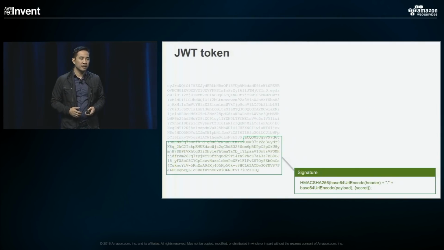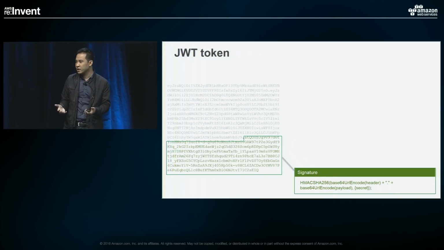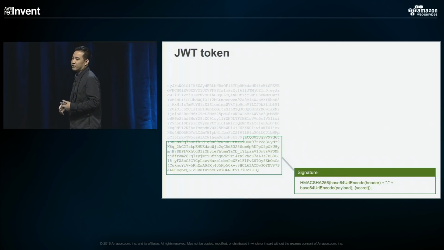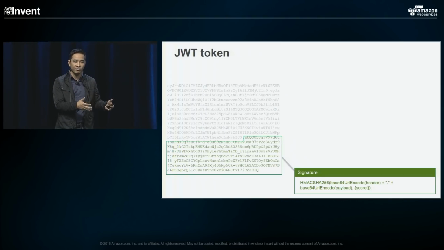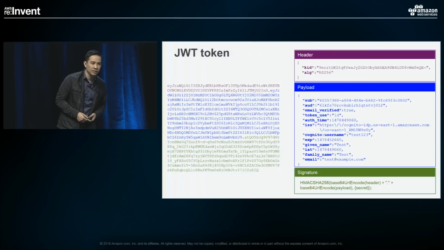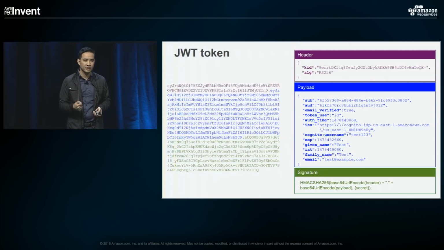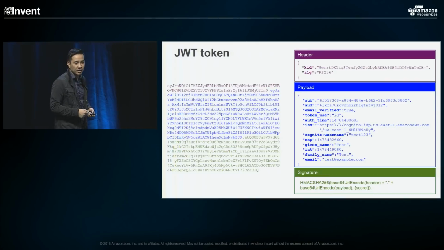The third part is the signature. So this is a cryptographic signature that's usually computed using the sender's private key, and this lets you verify that the particular token was in fact issued by that particular sender. So together, this is a JWT token. When you authorize using Cognito, you get back 3 of these JWT tokens, an identity token, an access token, and a refresh token.